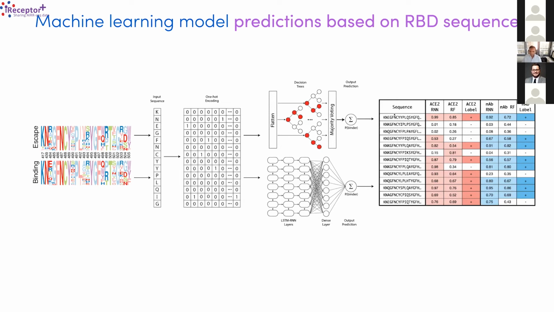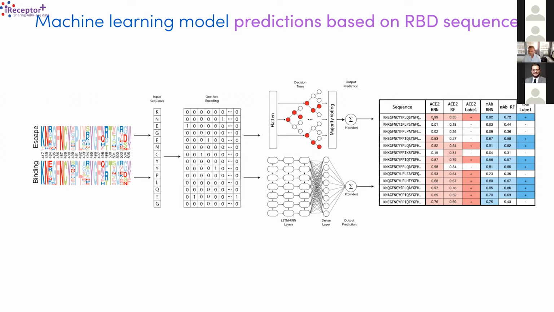So the final output is that every given sequence that you put into the model, either the RNN or the random forest, will predict a probability that it binds to ACE2, or a probability that it binds to an antibody. And for the antibody, just so it doesn't get too confusing, the lower the probability, the more likely it is to escape the antibody. For ACE2, the higher the probability, the more likely it is to bind ACE2, okay?